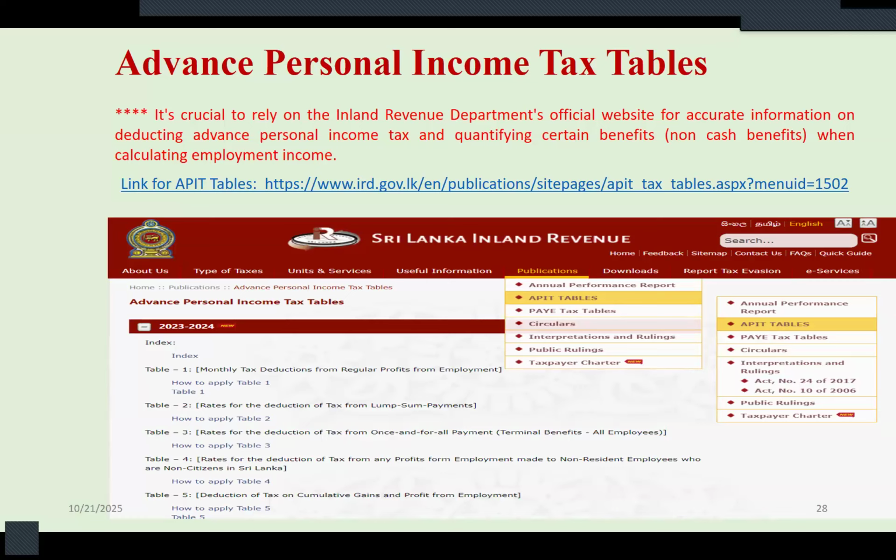One of the methods of payment is installment payment. Another one is withholding tax. As a part of the withholding tax, we can collect our taxes. So withholding tax is not a separate tax. It is a method of payment.